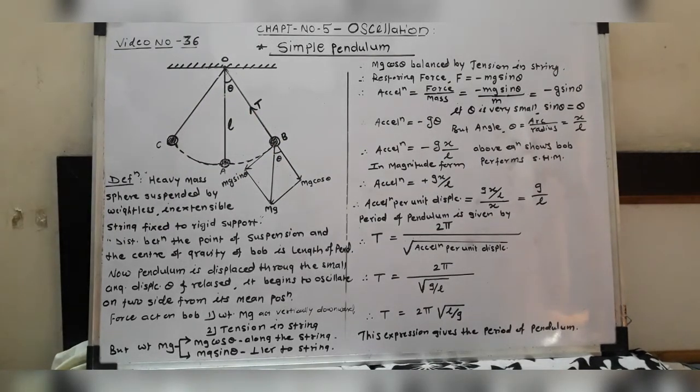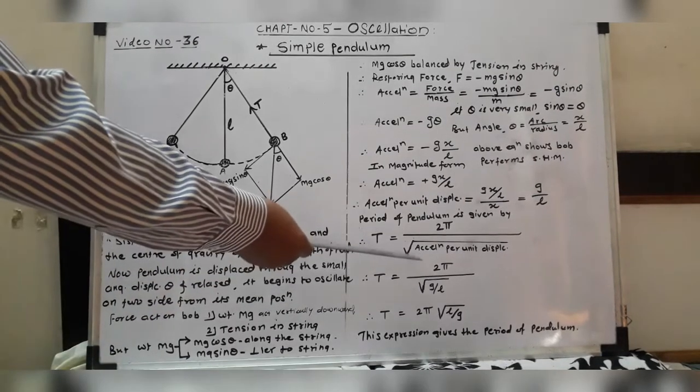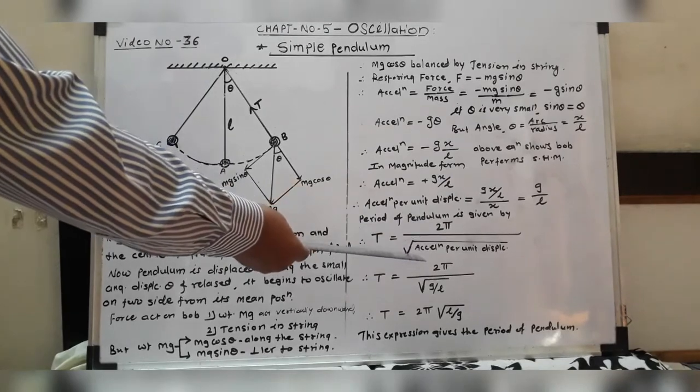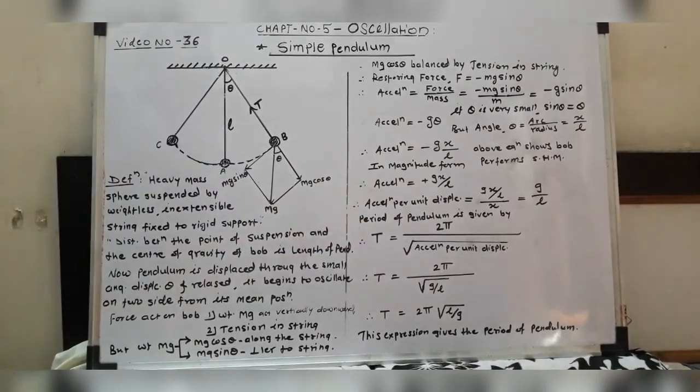Again, we have to find out the period of the simple pendulum, and for that purpose we write that the period of pendulum is nothing but 2 pi upon under root acceleration per unit displacement.